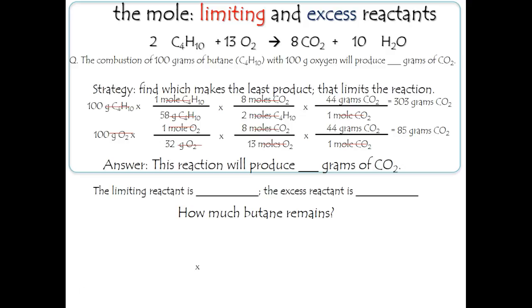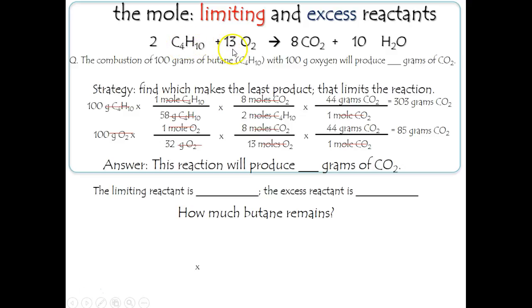Now, if you want to take the chance, you could go ahead and solve this problem doing a little bit in your head. And here's how I would do it. You may make your own method. I just say to myself, well, let's see. Every 116 grams of butane, that's 2 times 58, is going to require 13 times 32.